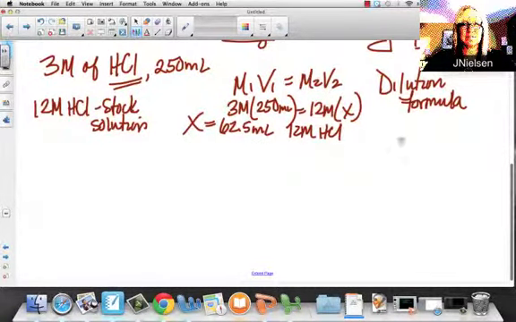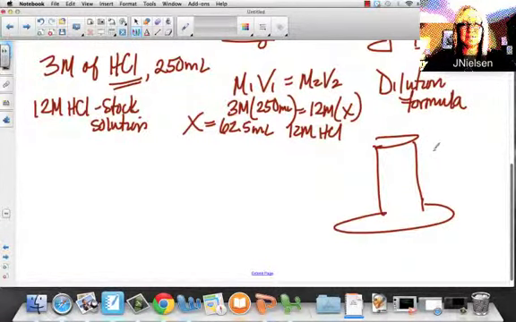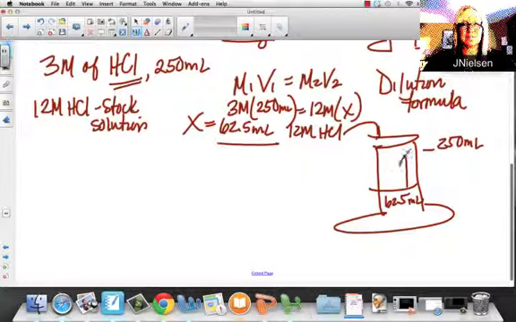I'm going to get a graduated cylinder. This time I can get a 250 milliliter graduated cylinder, and I'm going to pour the 62.5 mils of 12 molar HCl in there. And then I'm going to fill it up with distilled water so the meniscus is right at the 250 mil line. And then I have my solution.